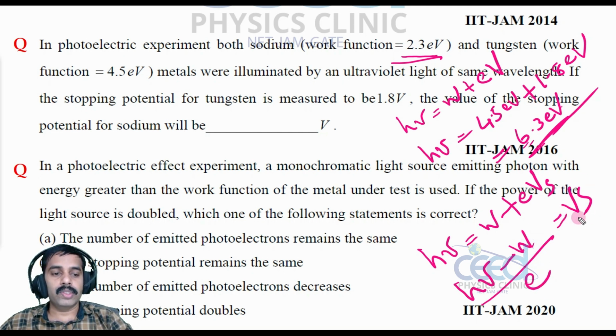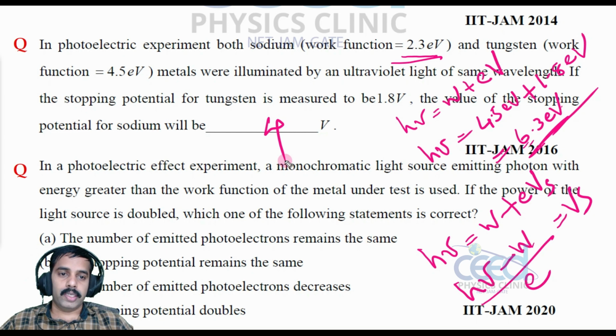So when you solve this, you will get the answer as 4 volt, right? It is 6.3 minus 2.3, that is 4. So the energy eV is 4 electron volt, so the stopping potential is 4 volt.